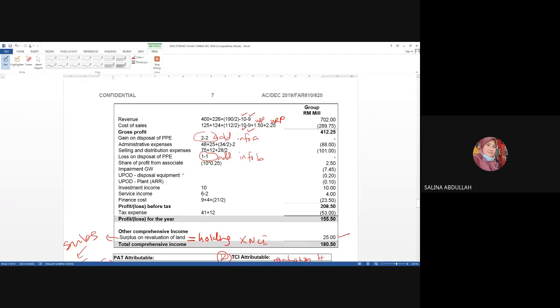And then this is the adjustment of depreciation. This is disposal of equipment.